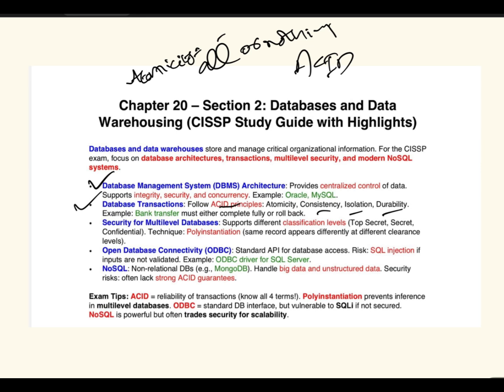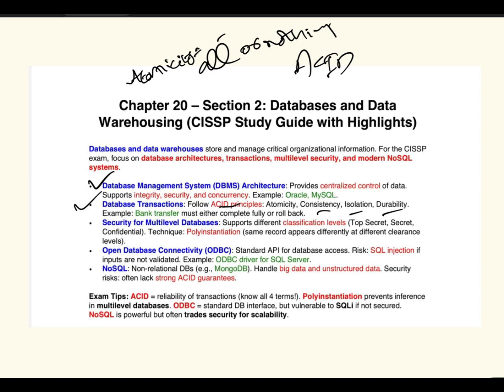Okay. So consistency. As is clear from the name, consistency means the database remains in a valid state before and after. Account balances must always add up correctly. So we should make sure of consistency.